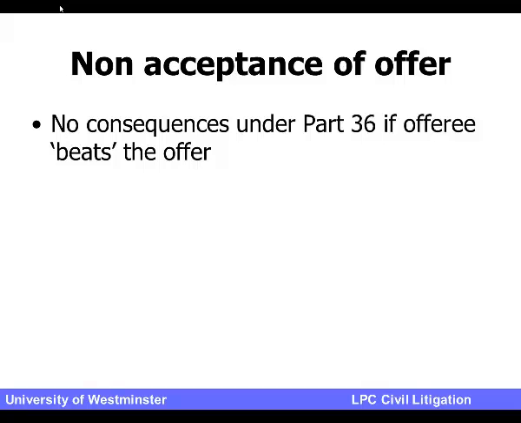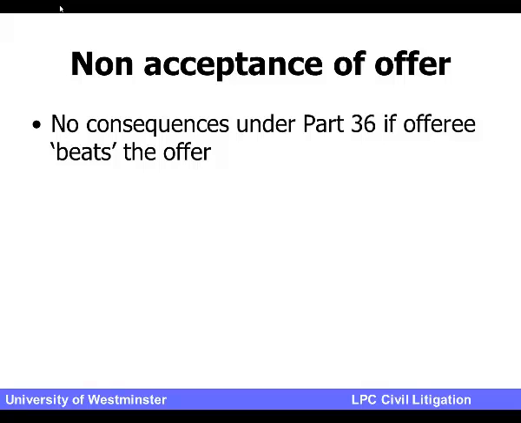So say for example, a claimant, the offeror, makes an offer to say, I'll accept £30,000. The defendant, the offeree, doesn't accept that offer. At trial, the claimant wins but is ordered to be paid £15,000 by the defendant.